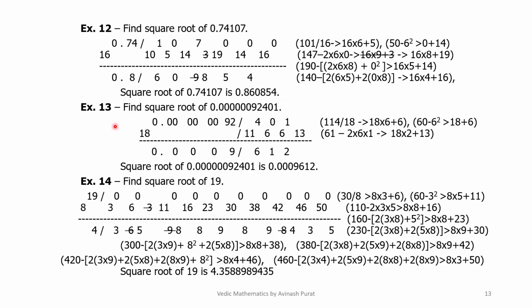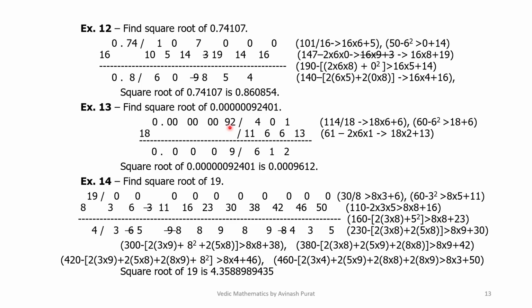Example 13, find the square root of 0.00000092401. So three pairs of zeros are taken first beyond the decimal point. 92 is the first figure dividend, the highest square below 92 is 81.